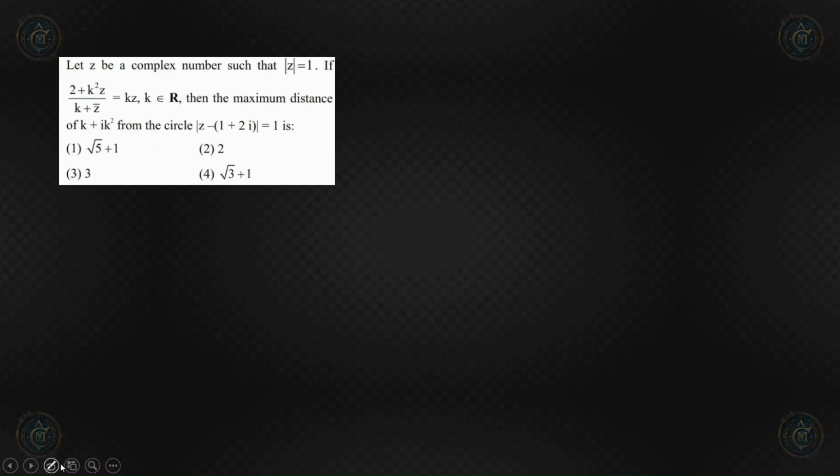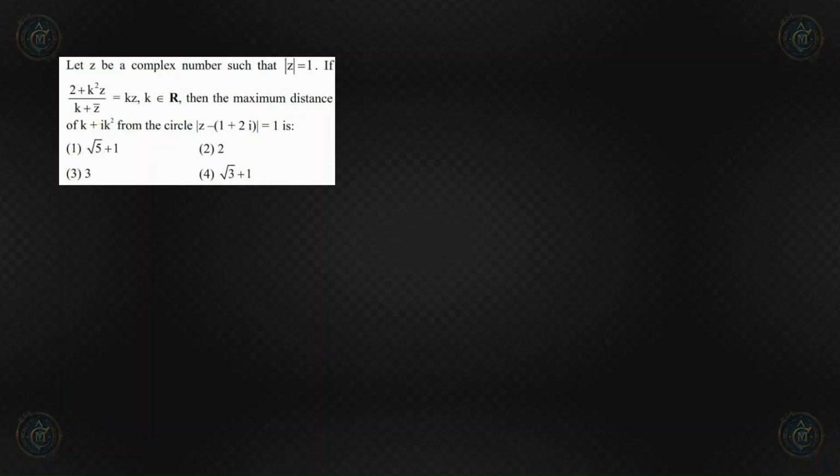So our first objective in this problem will be to find the value of k, so that we can find this complex number k plus iota k square, and then we can find the maximum distance of this complex number from the circle.